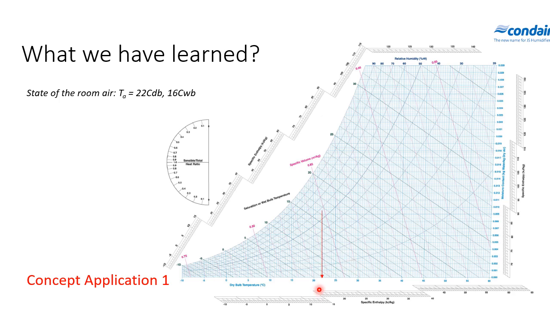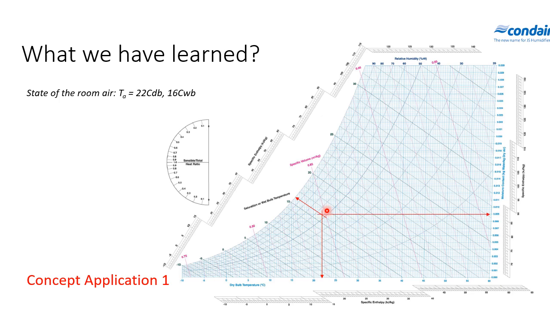So from 22 is this vertical line, 22 here. And then 16, these figures are wet bulb temperature. So we have a cross point here. This is the state of room air. Okay, so the state can be presented as one dot on the psychrometric chart. And then from here, we can read all other psychrometric properties.